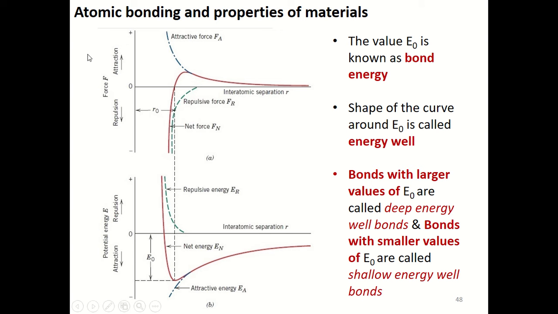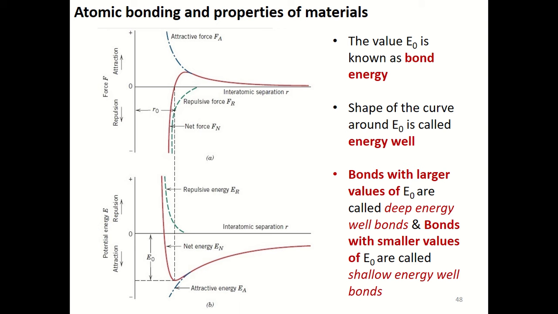Now what this schematic diagram shows is the interdependence of repulsive, attractive, and net forces between two isolated atoms of a material as a function of their interatomic separation. As I explained before, let's first assume that one of the atoms is in a fixed position and the other atom is taken from infinity and brought towards the fixed atom. I hope you remember the case we discussed in previous classes.